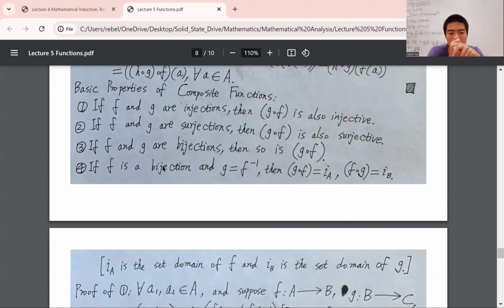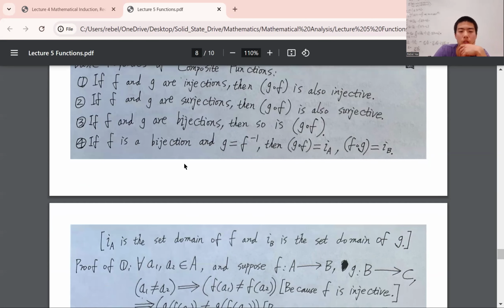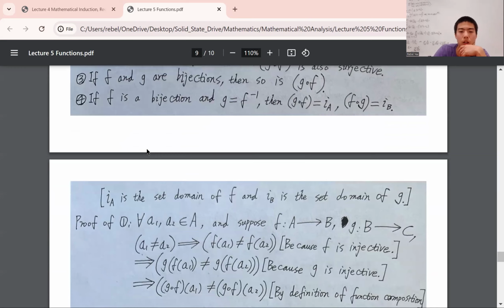And there are some basic properties of composite functions as well. If f and g are injections, then g composite with f is also injective. If they're surjective, then it's also surjective. If they're bijective, then it's also bijective. And the fourth property we'll explore later.